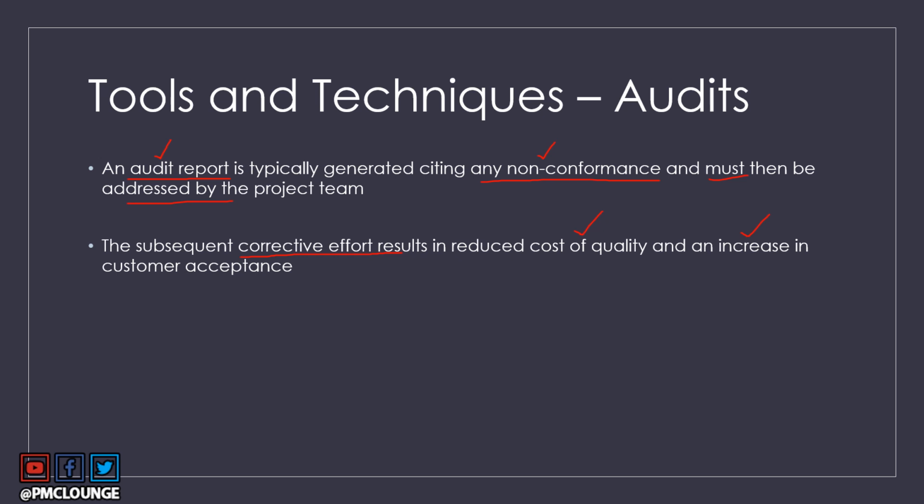Your customer will have certain expectations of quality from your organization, and by following the organization's quality processes, policies, and procedures, you will definitely increase the chances of being accepted by the customer. Quality audits can be scheduled or they can be totally random. The second one is a nightmare for any project manager. Raise your hand if you have ever been through a random quality audit. All right, let's move on.